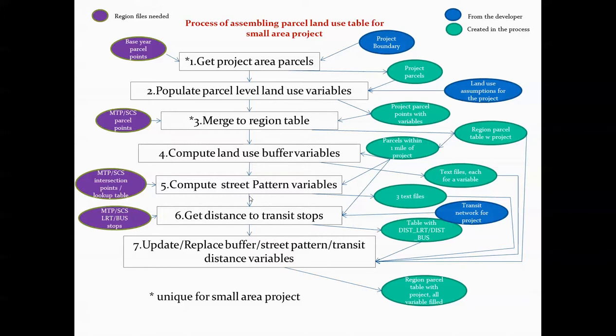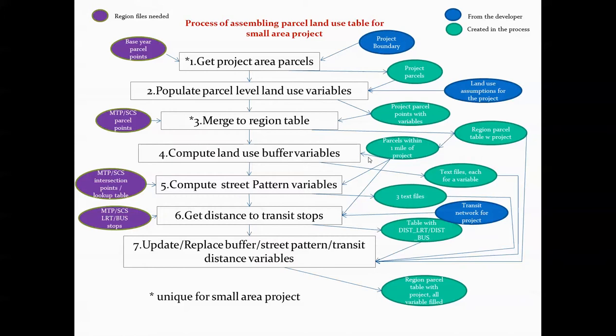To compute these variables, we need to have shape layers of node 1, node 3, and node 4 separately, and also the parcel file containing the parcels within the 1 mile buffer of the project area created in step 4.